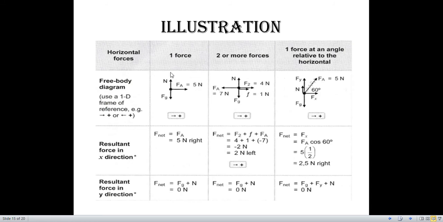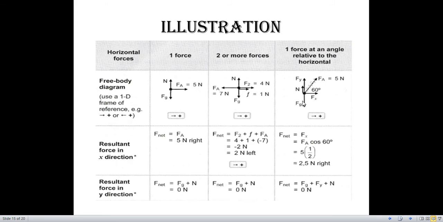We have the normal, we have the gravity, and the force applied. And then when two or more forces are applied, we're looking at all your forces acting there. You see your force applied, you see your normal force, your Fg, and then your force of friction this side, and all that.